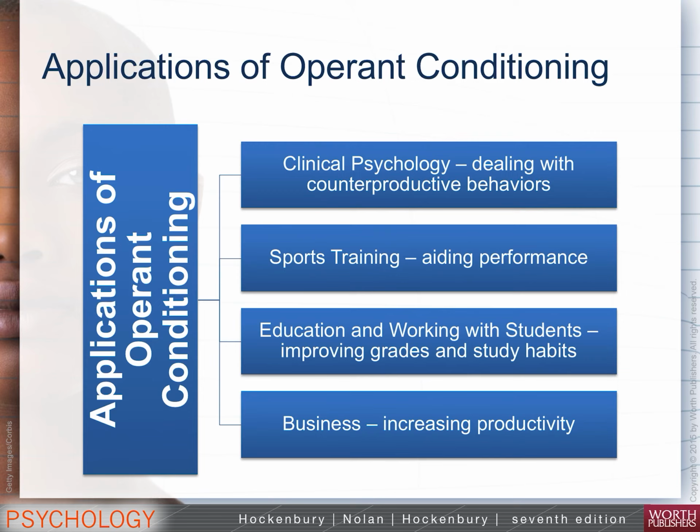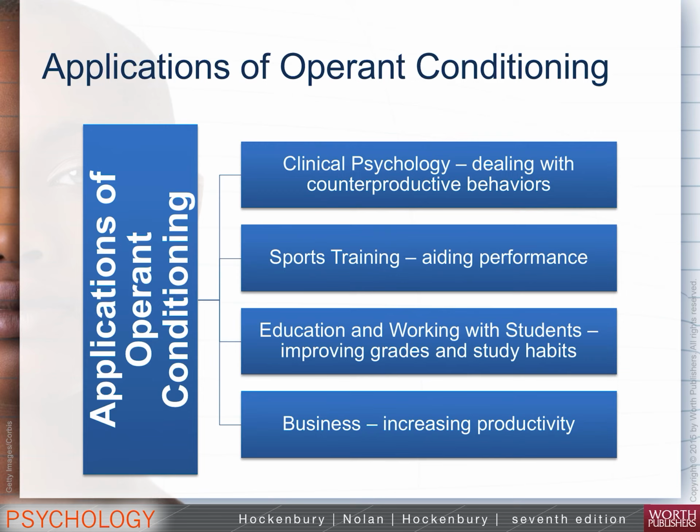And then finally, we've talked about industrial organizational psychology before. In IO psychology, they're interested in getting the employees to work in a productive way, work efficiently. And if you want to increase productivity, you want your employees to be efficient and happy.